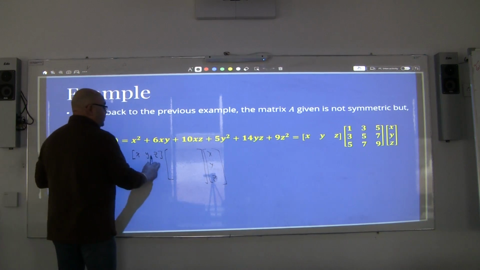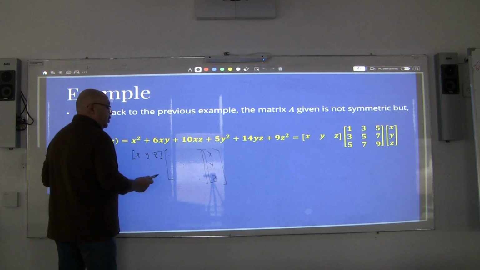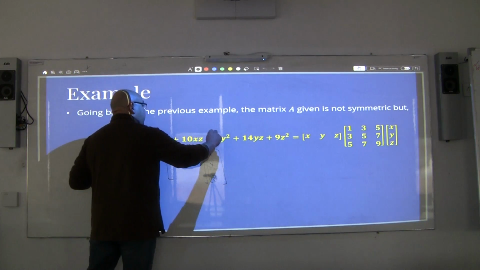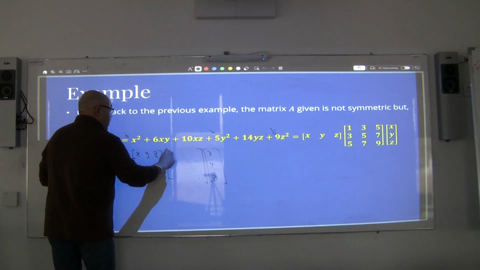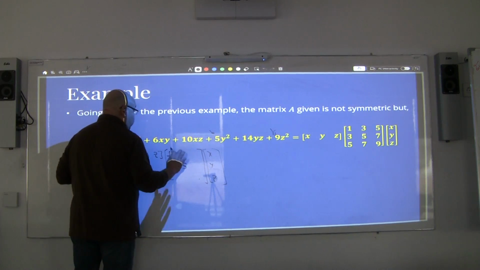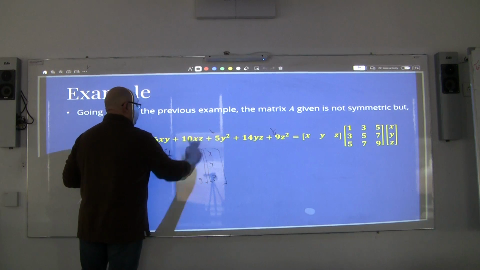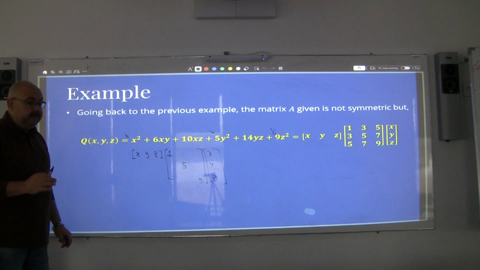Considering x, y, and z, the elements x squared, y squared, z squared: all I have to do is take the coefficients of the squared elements and they go on the principal diagonal. So it's going to be a 1, then a positive 5, keeping the sign, and a positive 9. If this were negative 5, this entry would be negative 5.